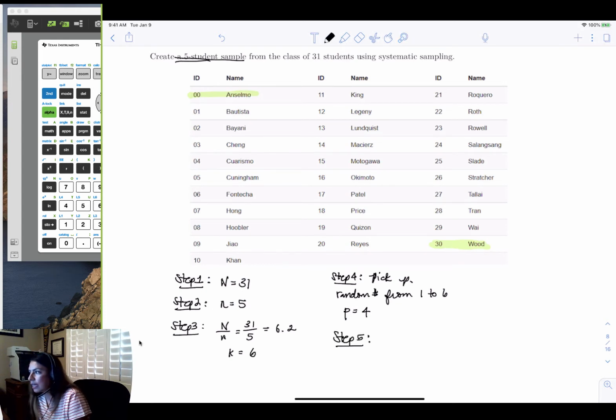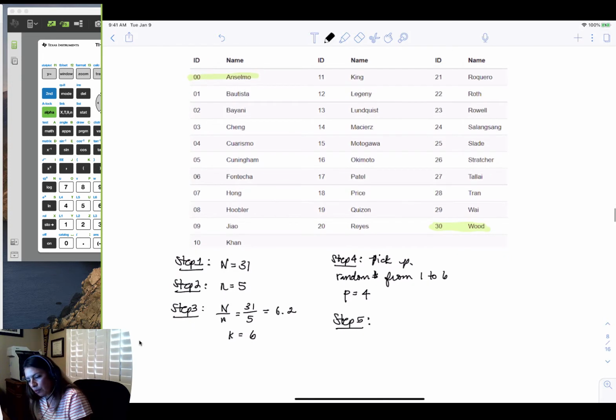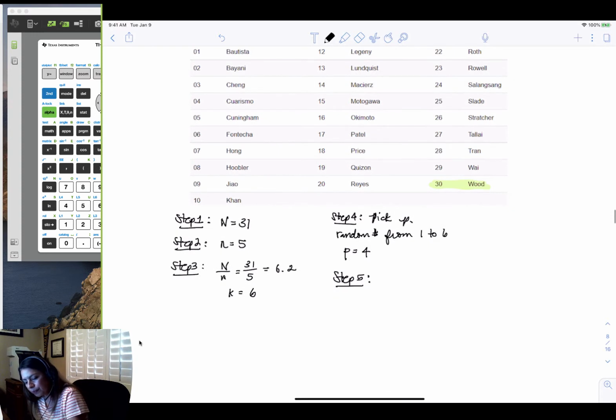Okay, it says start with p. So the first person in the sample would be 4.